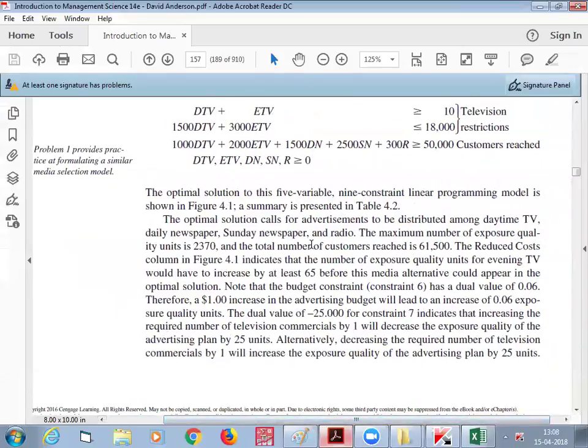The optimal solution calls for advertisements to be distributed among daytime TV, daily newspaper, Sunday newspaper, and radio. The maximum number of exposure quality units is 2370, and the total number of customers reached is 61,500.